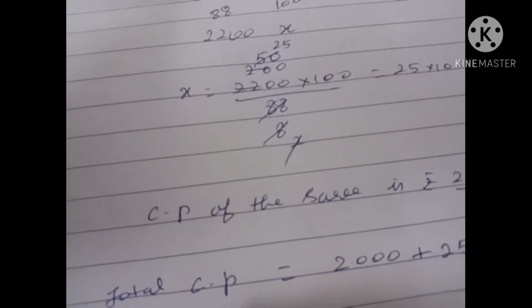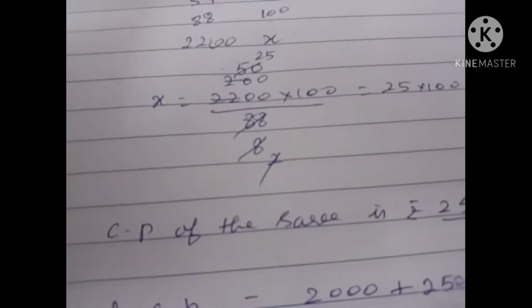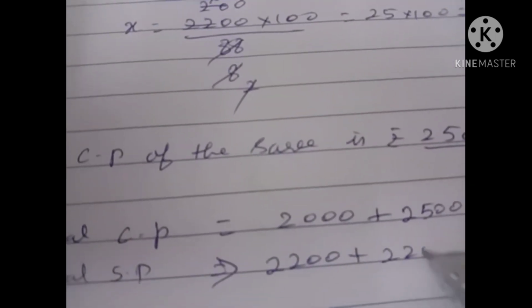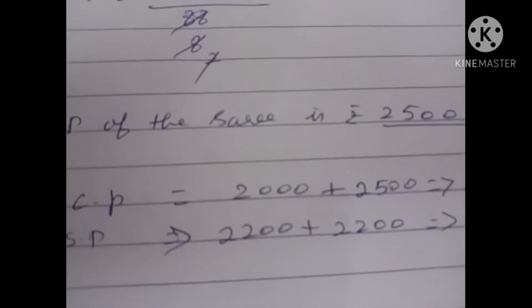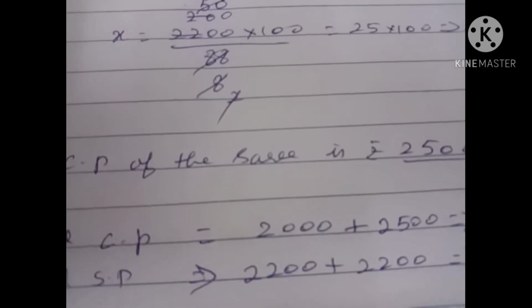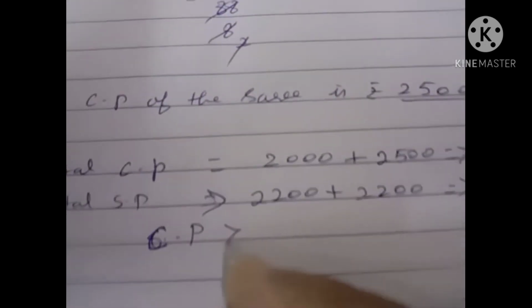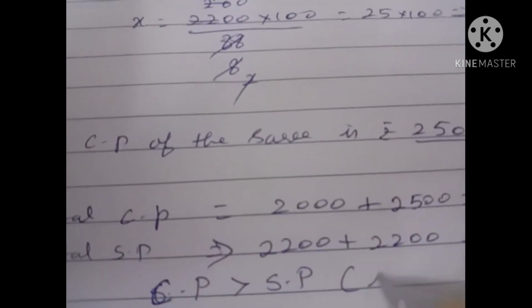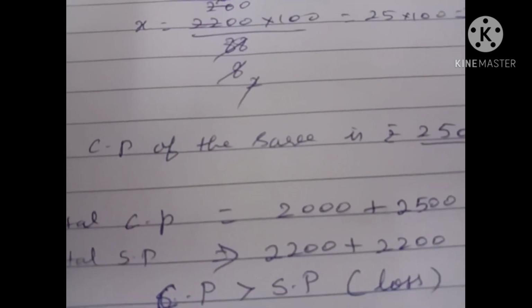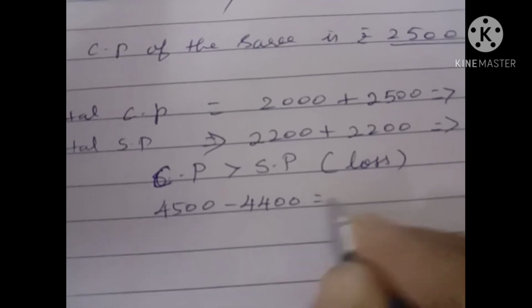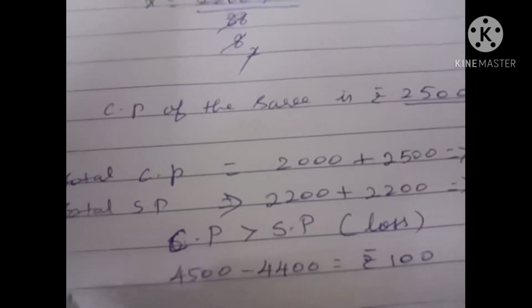Total SP is equal to each saree value, 2200 plus 2200, is equal to 4400. Here CP is greater than SP, that means loss. Therefore 4500 minus 4400 is equal to rupees 100. Loss is equal to rupees 100.